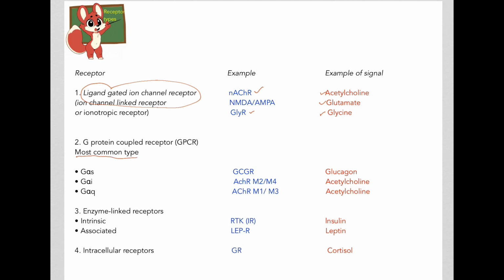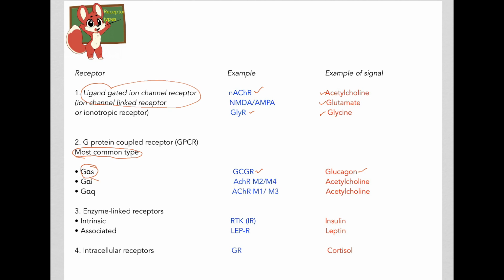This is the most common type of receptors that we find in the body. And we'll talk about the GPCRs that are associated with the G-alpha S protein. Here we'll use the glucagon receptor as an example, which binds glucagon.